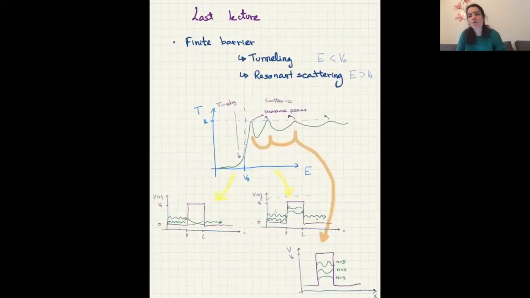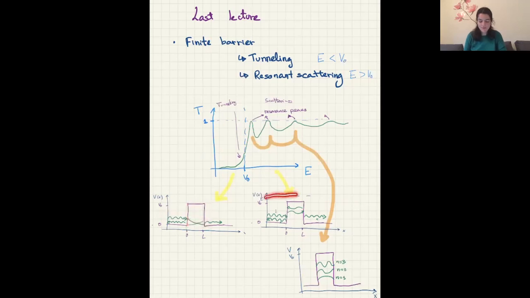So what did we do last time? We looked at the idea of the finite barrier. This was a barrier that looked like this. We saw that there were two cases. When the energy of the particle was below the top of the potential, we had some tunneling.